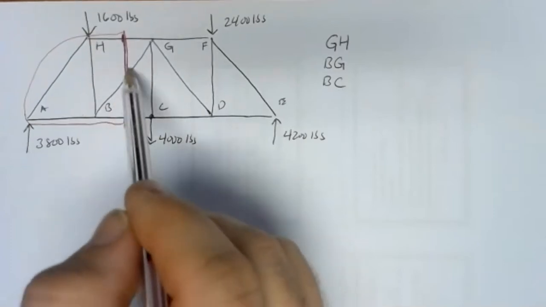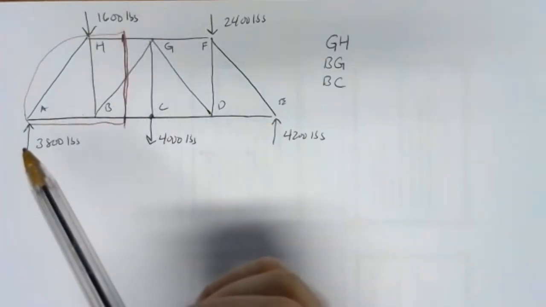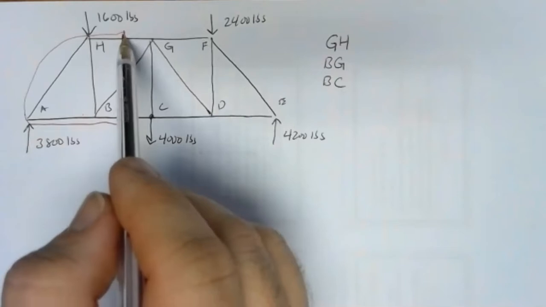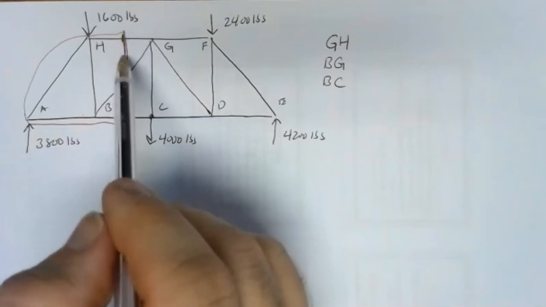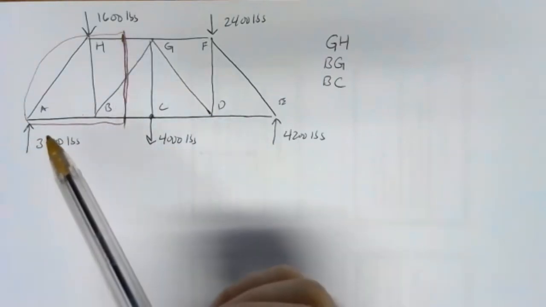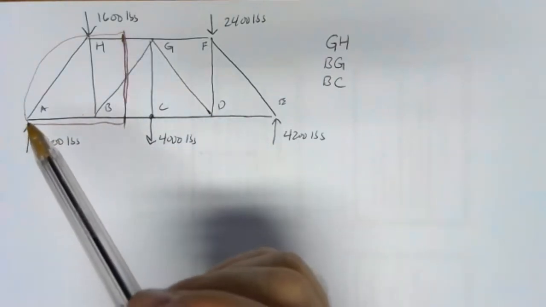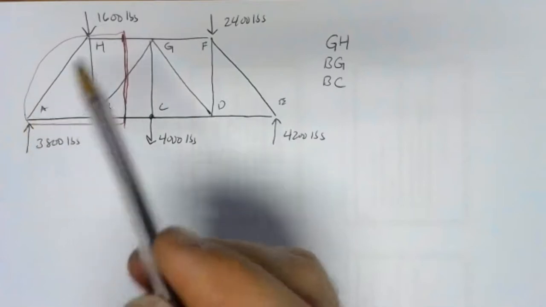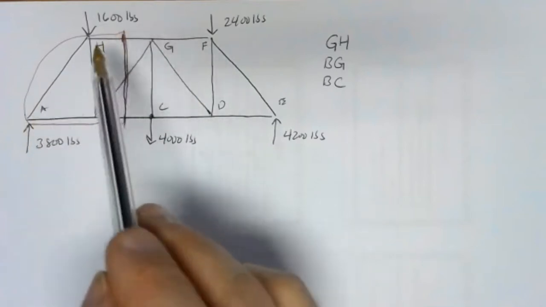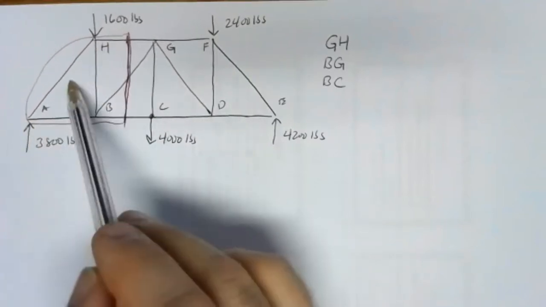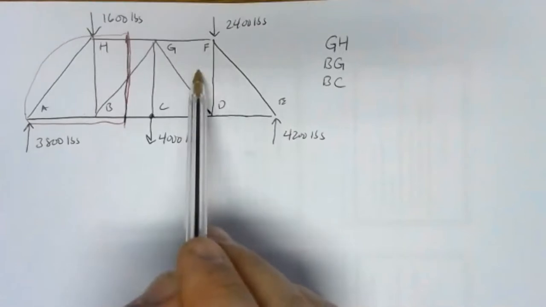And here we've cut through three members. Essentially what this does, by making it cut through a member, is it exposes the force that's inside that member. It exposes essentially the force on this part of the truss from this part.